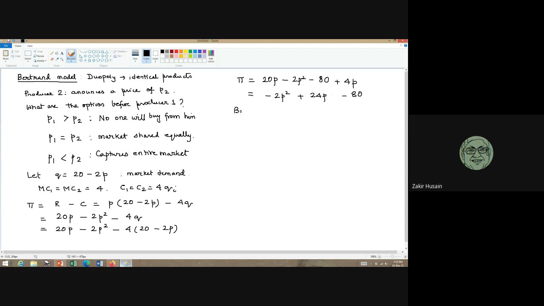Now, what is the break-even point? When is profit equal to 0? So when we fix cost, pi equal to 0.